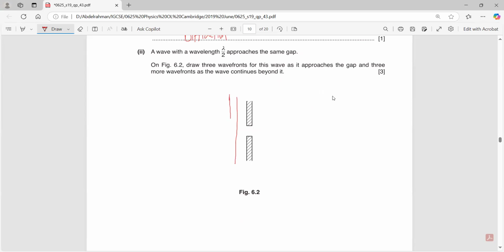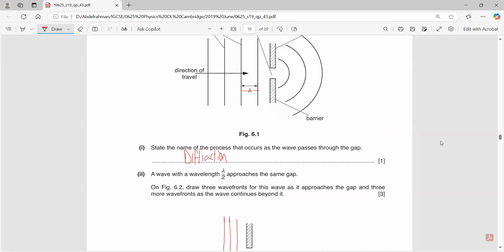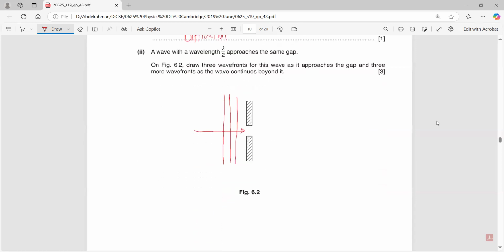You need to measure it very carefully. The distance between them is half the original wavelength. They're moving in this direction. Again, you need to be very accurate while drawing these wave fronts.